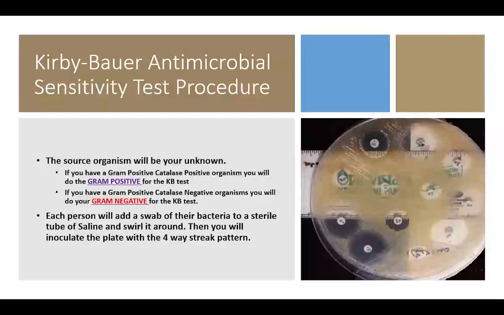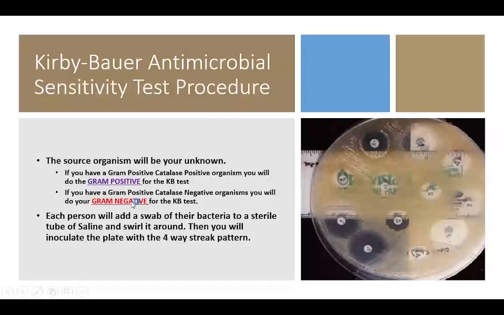So for you guys specifically, 4102, because you have 2 unknown organisms, the way you're going to do this is you're going to use your gram-positive, as long as that gram-positive is catalase positive. If your gram-positive organism is catalase negative, those don't grow very well in these plates. So instead, you'll use your gram-negative.